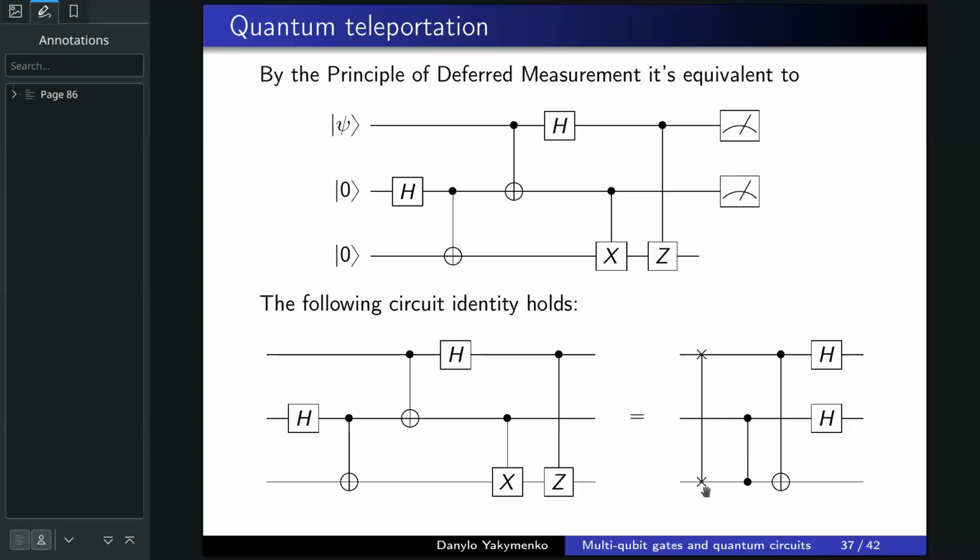It equals this circuit, this gate, and you can verify it. You can check it simply by computing this 8 by 8 matrix and this matrix, and you can see that those matrices are exactly the same, and so the actions will be exactly the same.